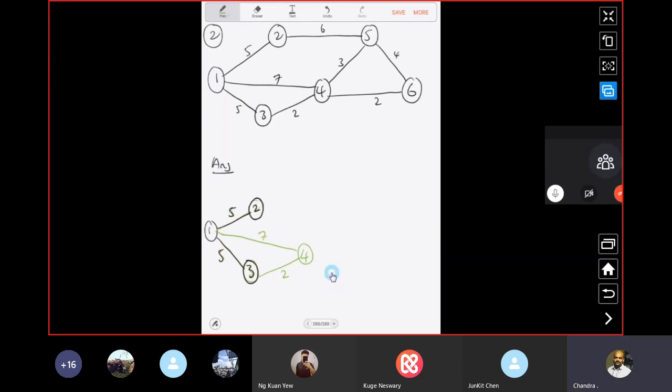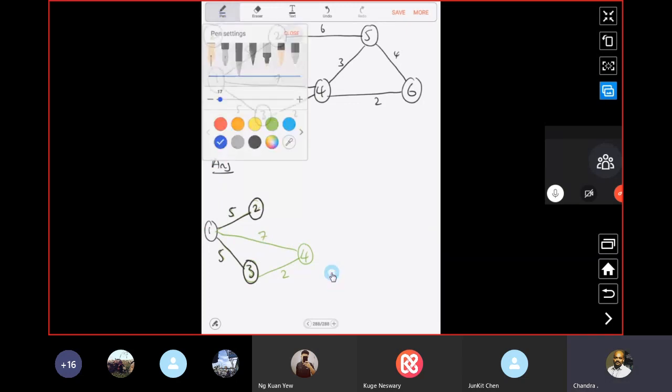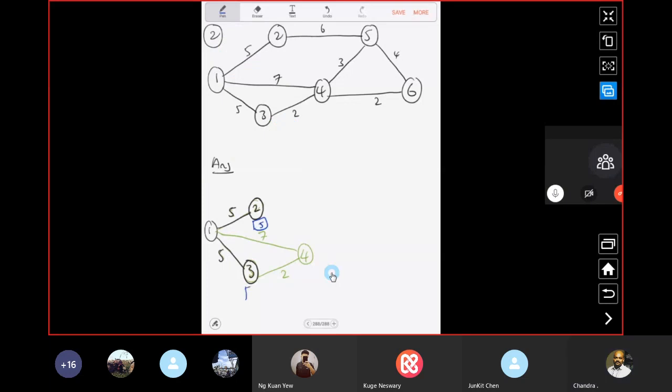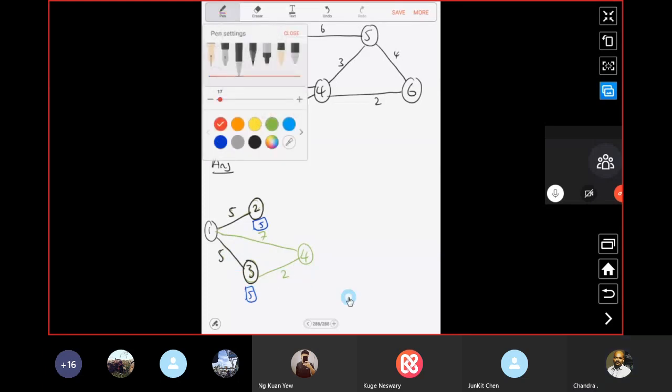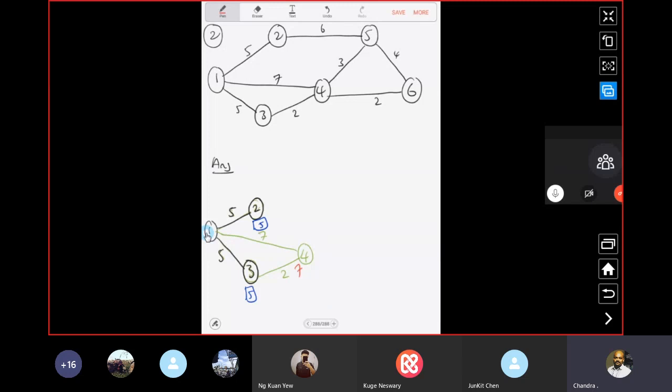Sorry, I forgot to do one thing. You have to write here 5. Okay. If you go through 3 to 4, also 7. 5 plus 2, I get 7. 1 to 4, I get 7. So either way, you are getting a 7.